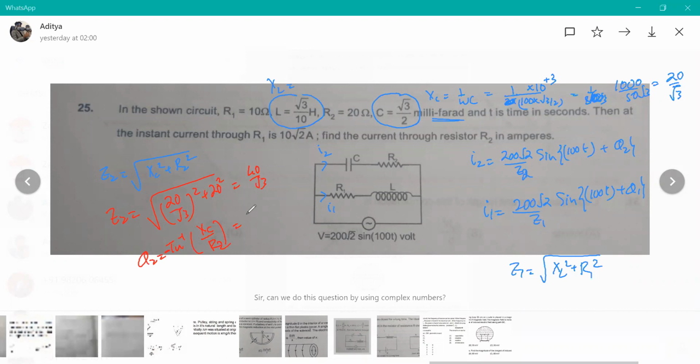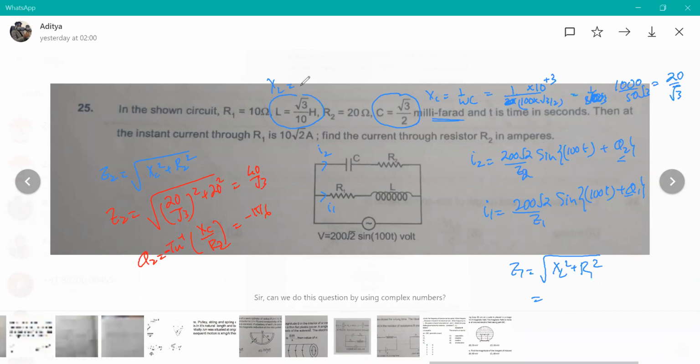So that's going to be minus pi by 6. Similarly for Z1, there's no need to incorporate complex numbers. You just solve it as two sinusoidal currents, get the values of phi 1 and phi 2, get the corresponding amplitudes and compare them.